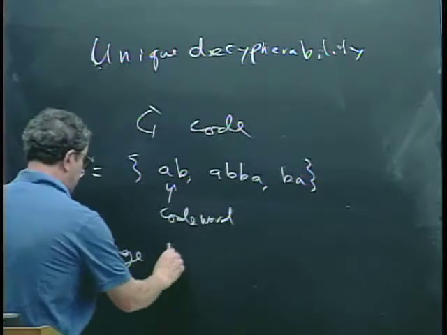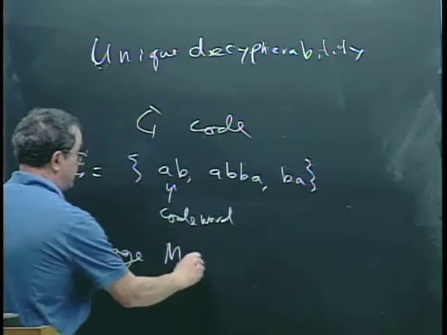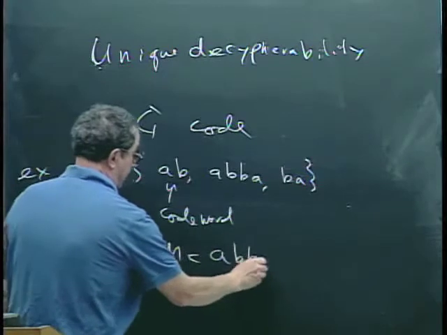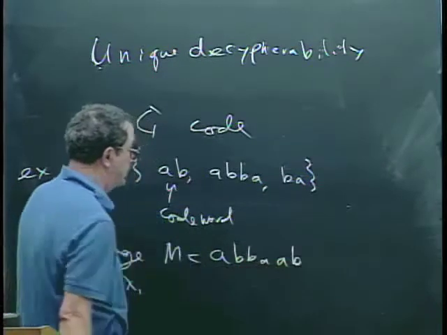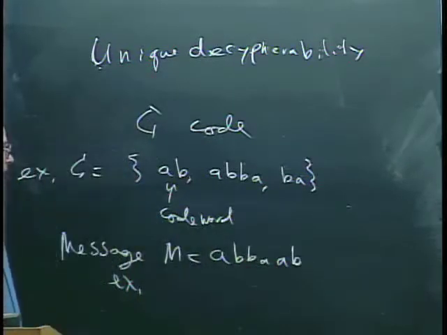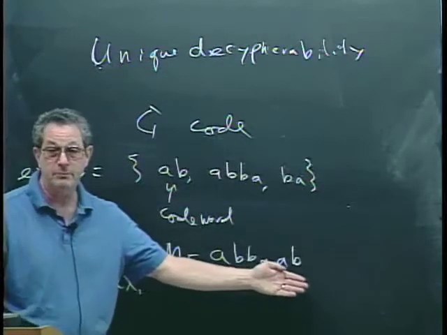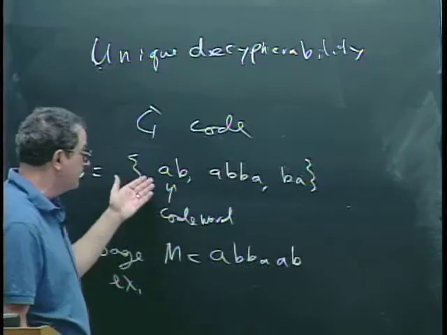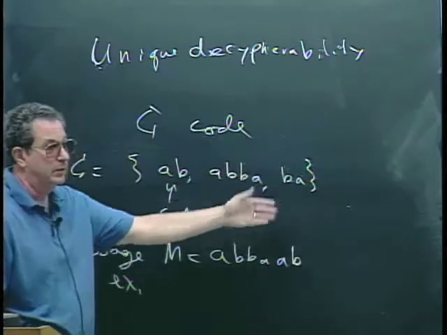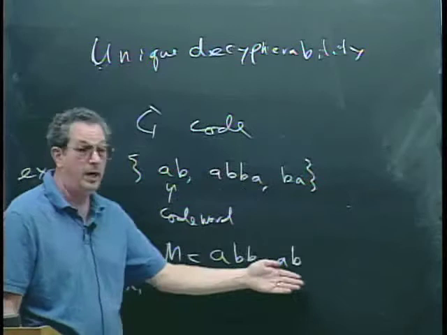So for example, M equals A, B, B, A, B. There's a message. And the message is either uniquely decipherable, meaning that there's only one way to parse it in terms of the code words, or the message is not uniquely decipherable.